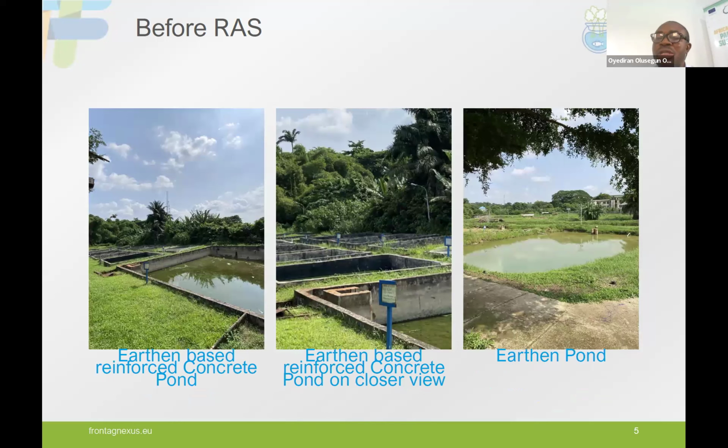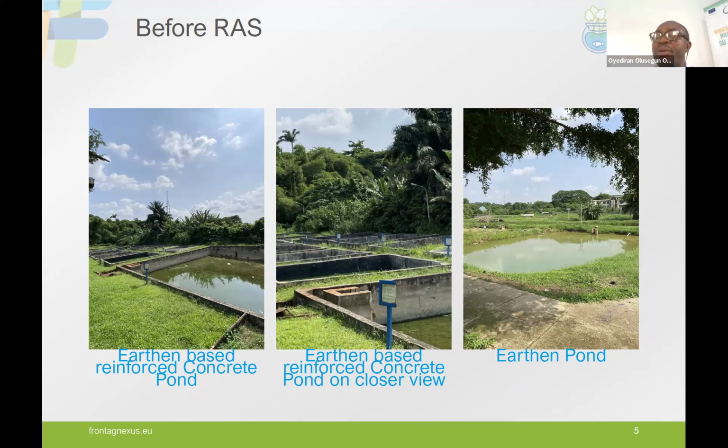We also have acres of land with concrete and earthen ponds. We have an earthen-based system, and we also utilize concrete-earthen modifications. There are a number of modifications we use because, for instance, with the earthen base, we are trying to move away from a completely earthen pond system.